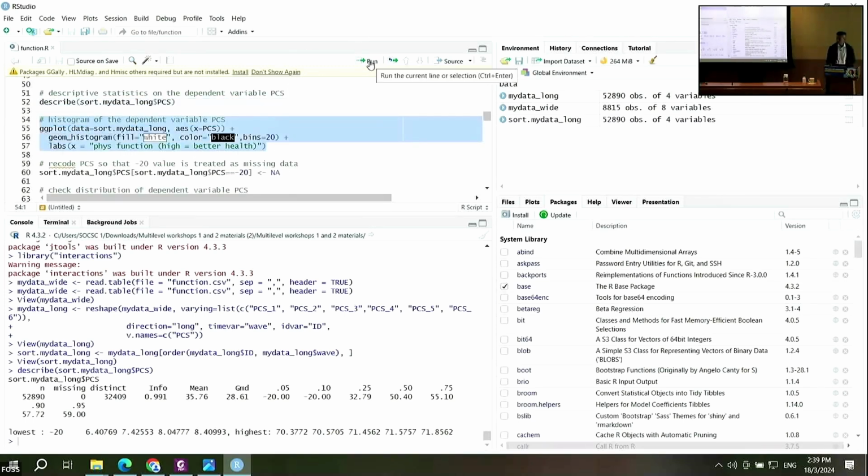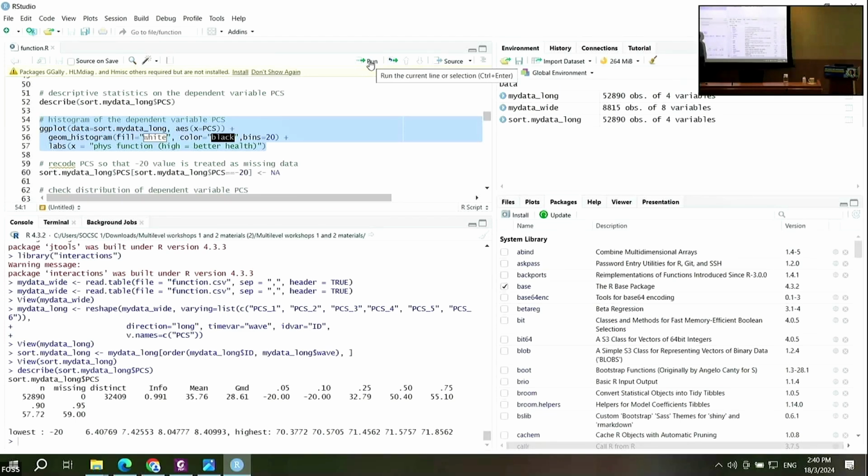So I won't explain how to generate a histogram, but it's quite easy in R. I mean, you have to type in a lot of code. But of course, you never remember all of this code, so we'll just copy and paste the code from somewhere. But the important thing is to tell R what the data set is, what the X variable is, and what histogram we want to generate.